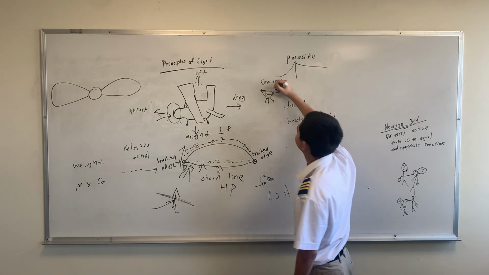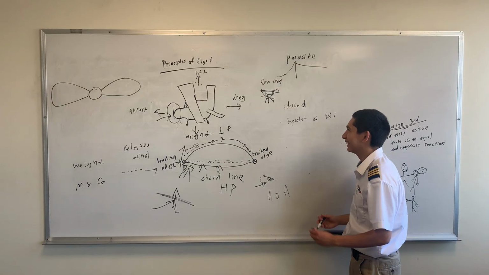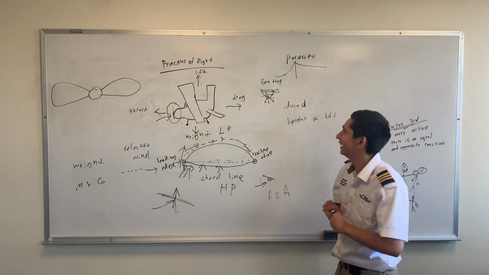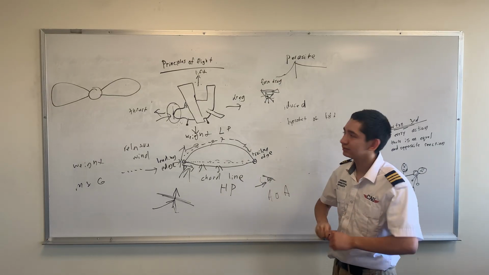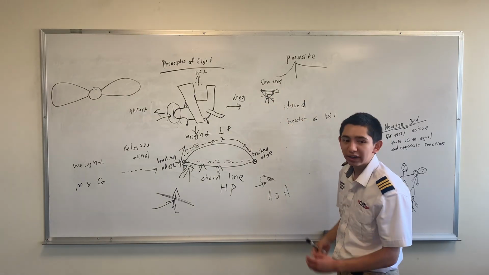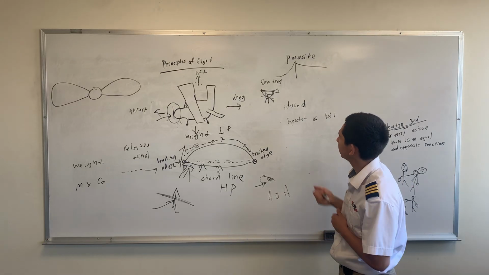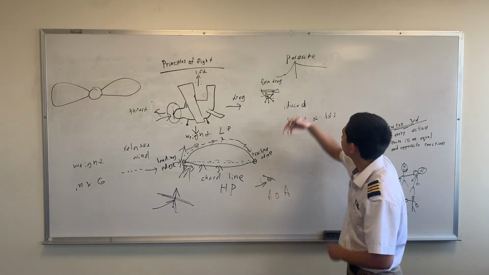Oh, forget my drawing, I swear it's good. That's a good plane right there. Form drag is the shape of this aircraft. Every aircraft has different shapes, and that can affect its different form drag.